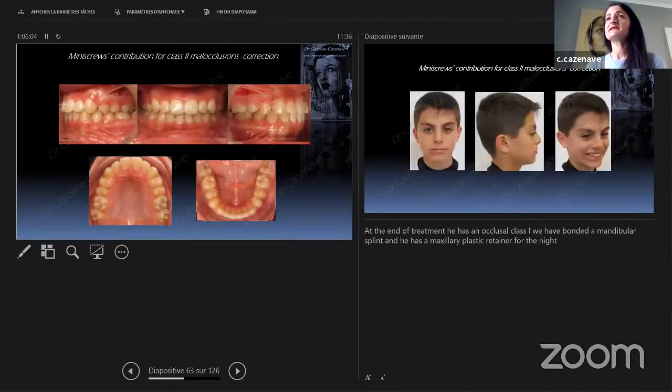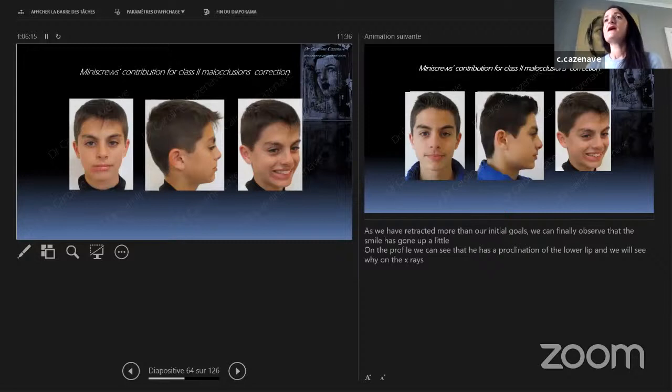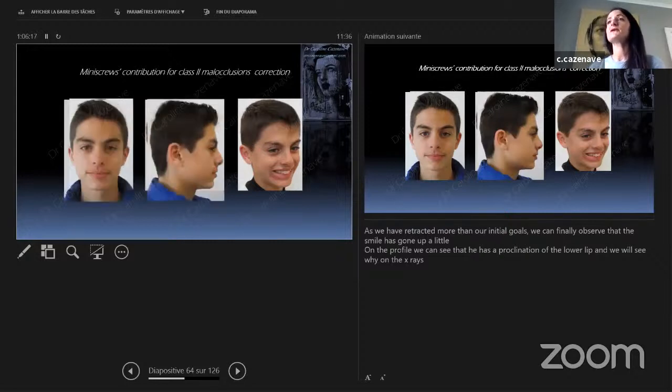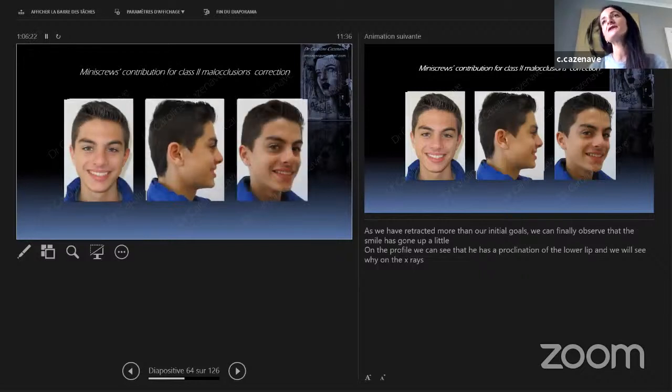At the end of the treatment, he has an occlusal class 1. We have bonded a mandibular splint, and he has a maxillary plastic retainer for night. As we have retracted more than our initial goals, we can finally observe that the smile has gone up a little.